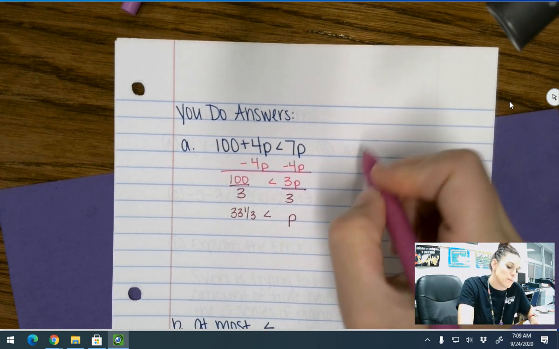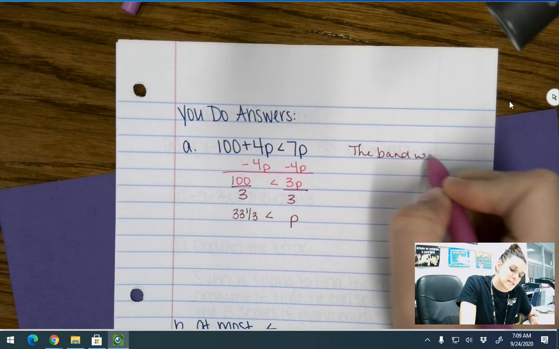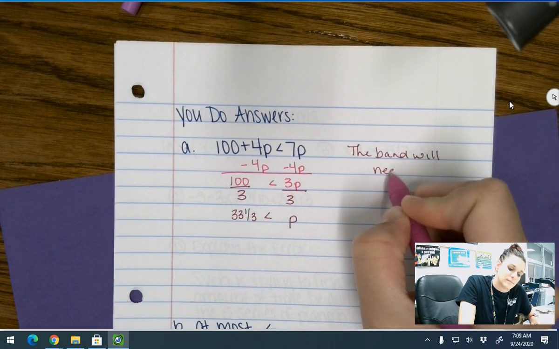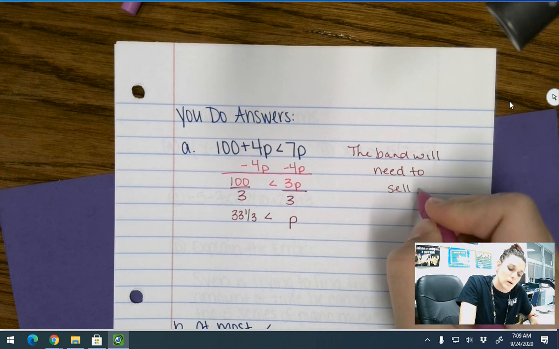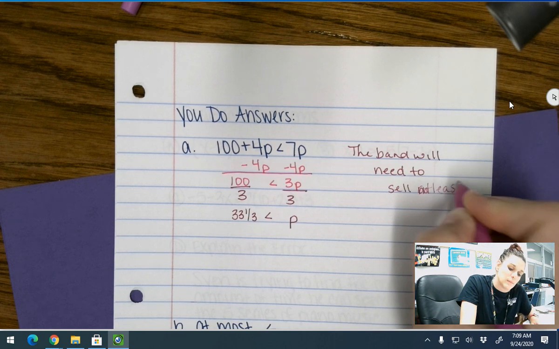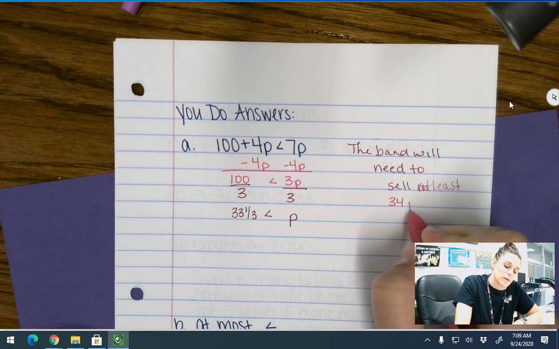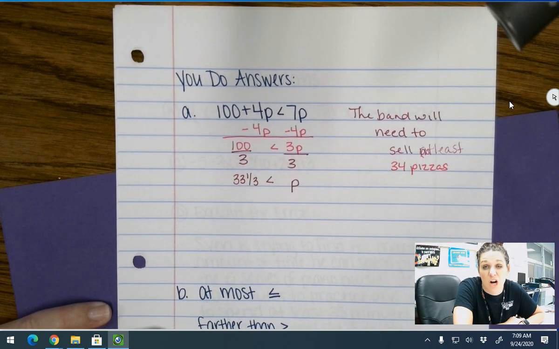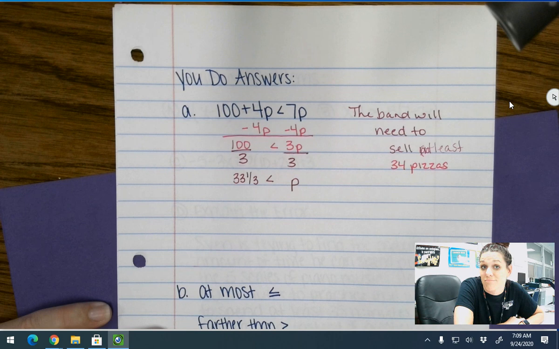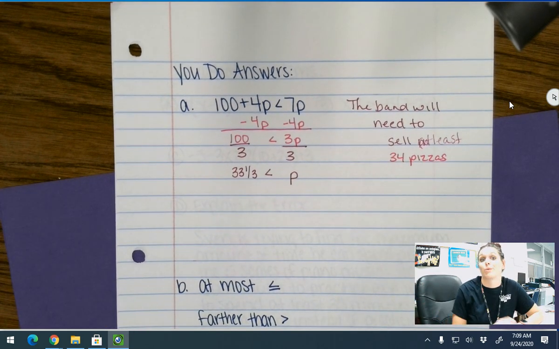So the band will need to sell at least 34 pizzas. At 34 pizzas, they are actually starting to make money. They have to sell 34, and then after that, everything else is pure profit.